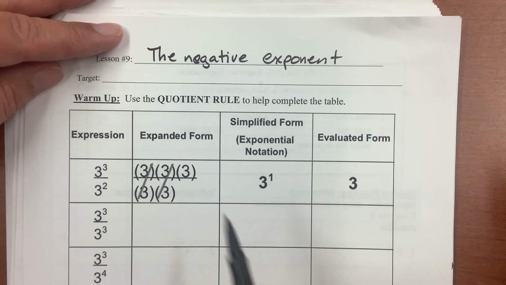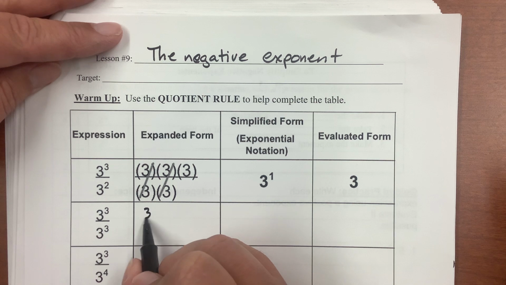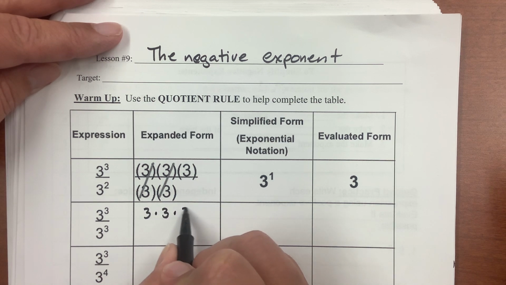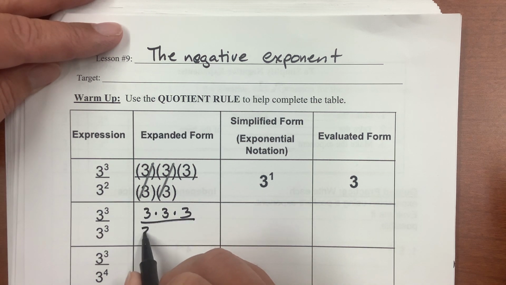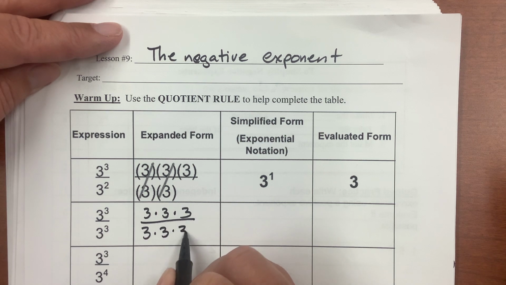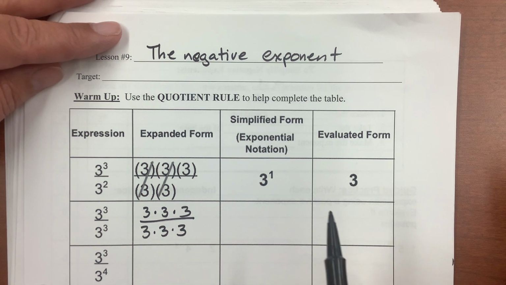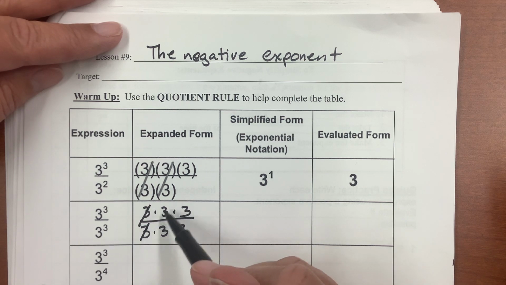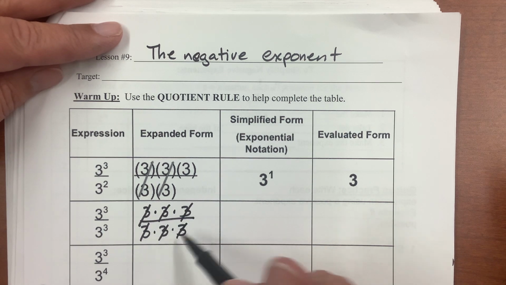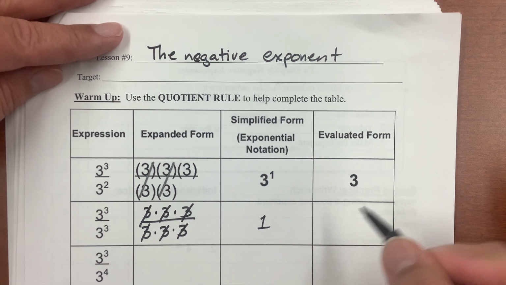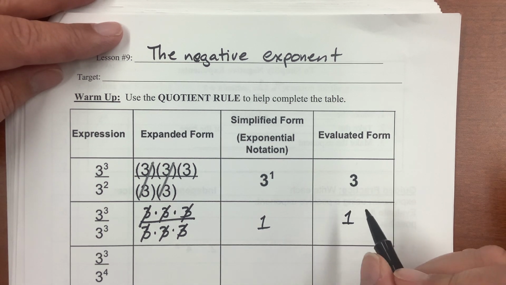So for this one, expanded form, 3 times 3 times 3 over 3 times 3 times 3. Simplified exponential form, let's see. That'd just be 1, which is also the evaluated form.